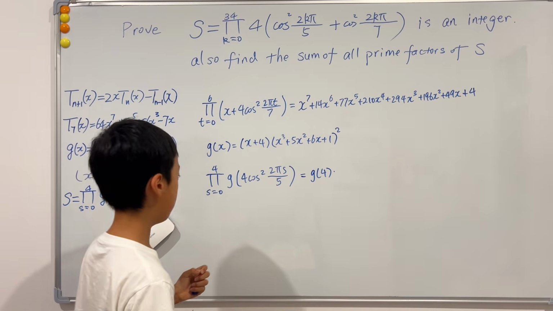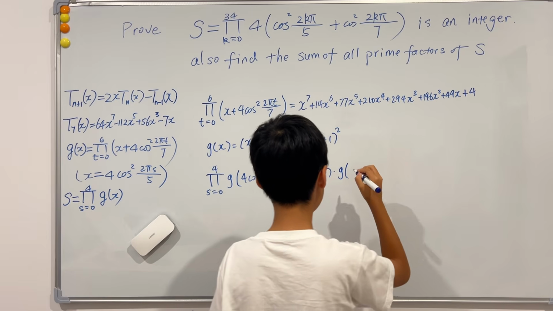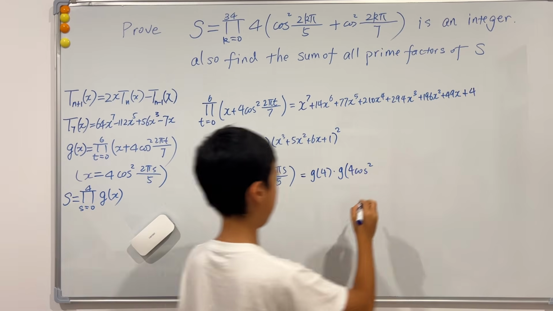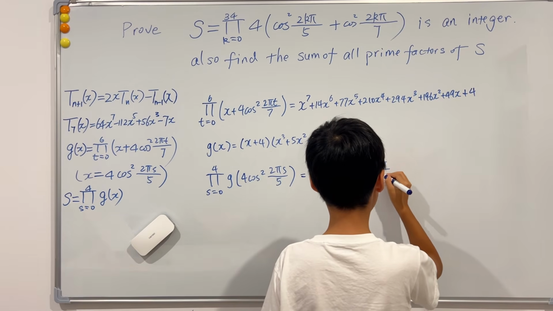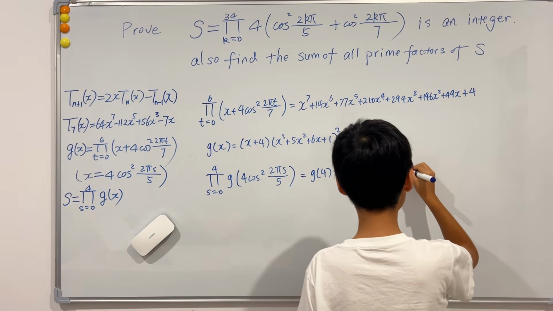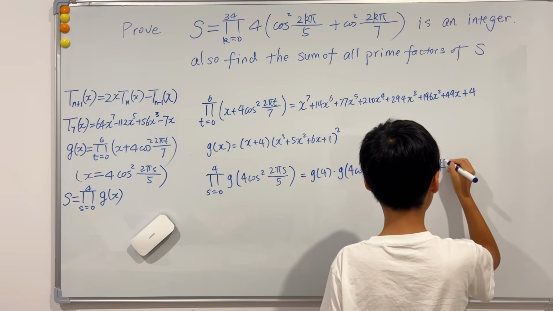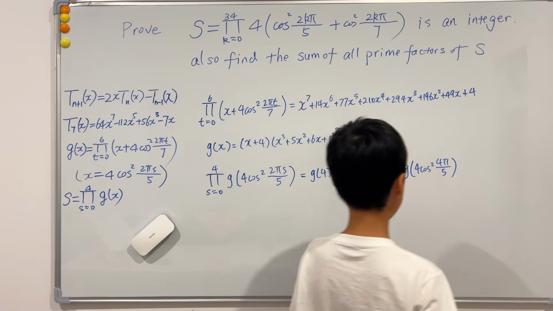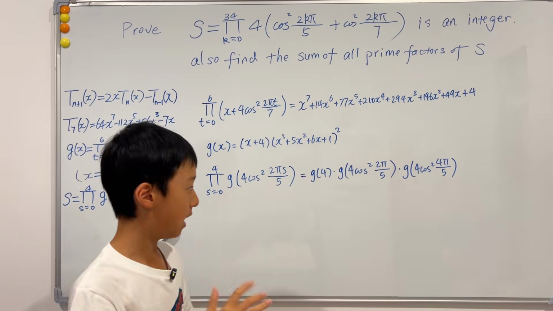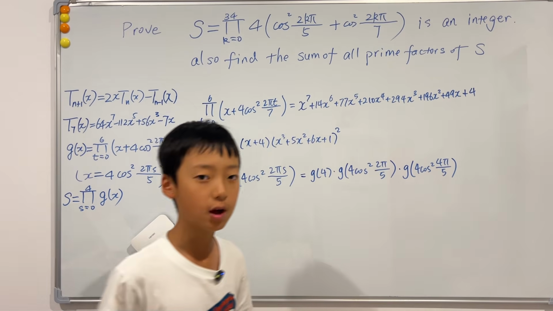Then we multiply by when s is 1, so it becomes g of 4 cosine squared of 2 pi over 5. And then when s is 2, it becomes g of 4 cosine squared 4 pi over 5. And then when s is 3, it will become g of 4 cosine squared 6 pi over 5, but that is equivalent to g of 4 cosine squared 4 pi over 5.